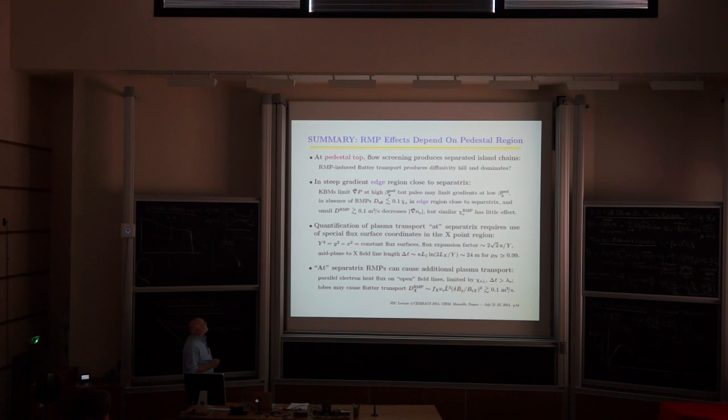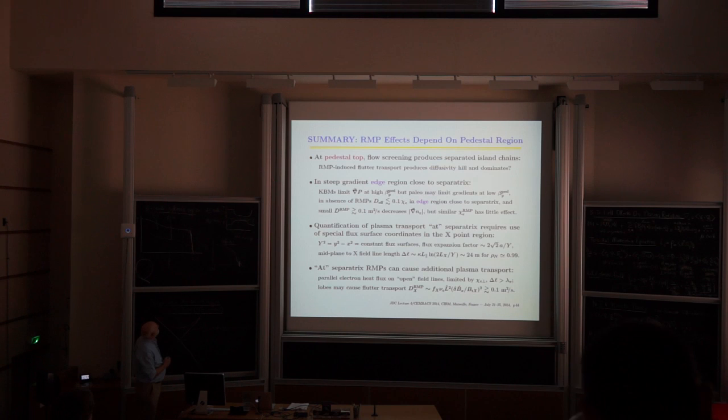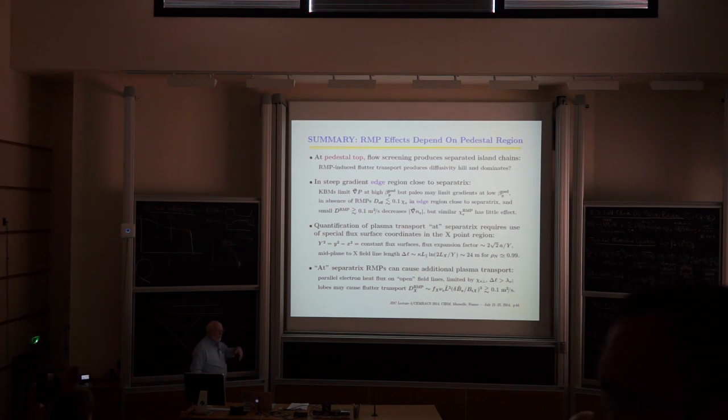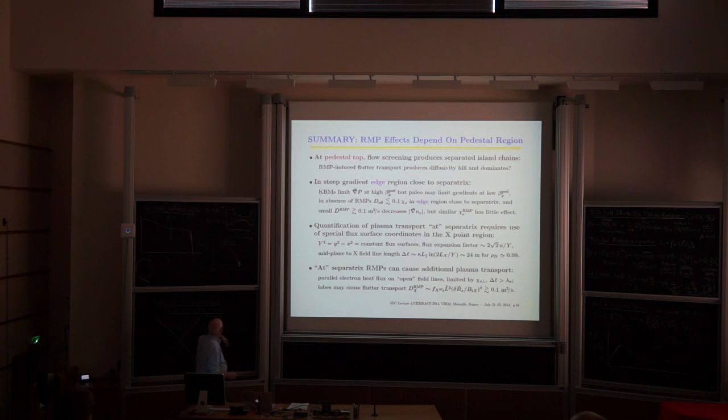So in summary of these RMP effects, they depend upon the pedestal region. At the pedestal's top, the flow screening together of these externally applied resonant magnetic perturbations, 8.3, 9.3, 10.3, 11.3, 12.3, 13.3, they seem to give about the right amount of transport to explain the amount of reduction of pressure gradient in this edge region and hence the stabilization of these so-called edge localized modes.